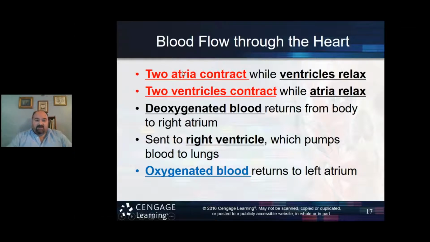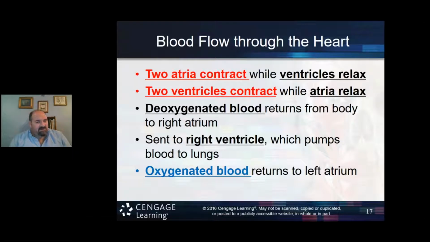You need to know that the atria and the ventricles will contract together. So the atria contract, the ventricles contract, and when one group of chambers is contracting, the other is relaxing, okay, to allow for them to fill up. If both were contracting at the same time, then blood would just flow from one chamber right through the next chamber and then out, and there wouldn't be any chance for it to fill up with blood in the second chamber.